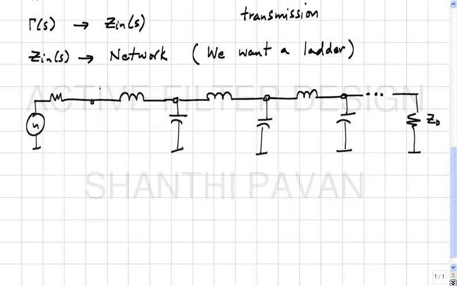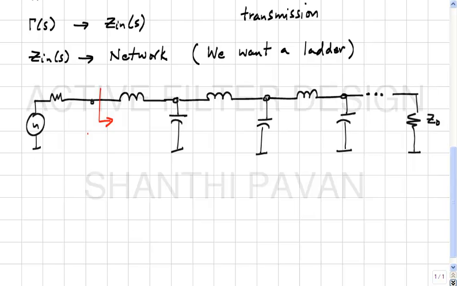Right. So what we will get first is, depending on which sign you choose for gamma of s, you will end up with Zn of s either having the numerator degree being greater than the denominator, or the numerator degree being smaller than the denominator.